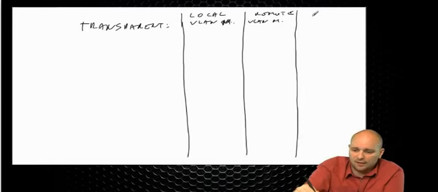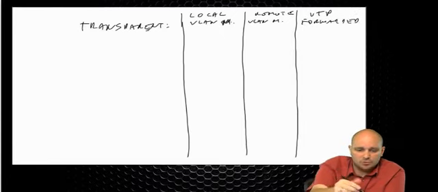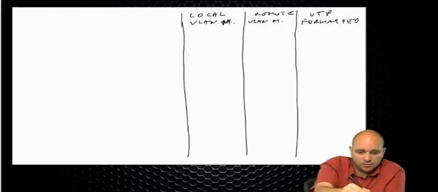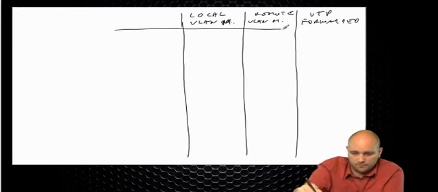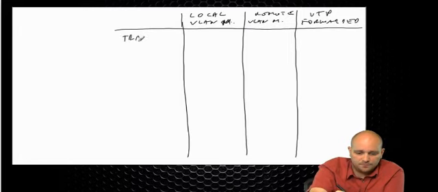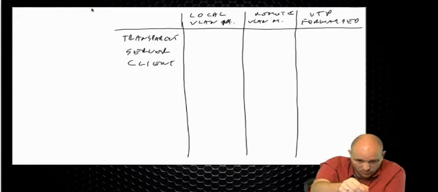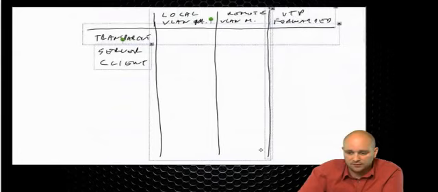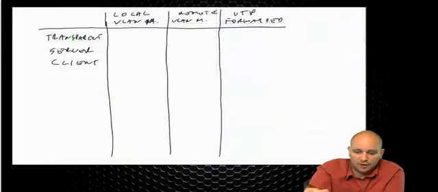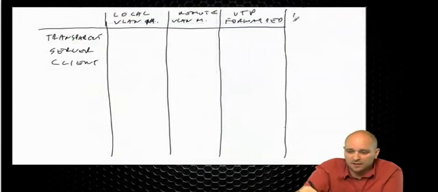And let's add VTP packets are forwarded in this mode. So let me just quickly modify this. Here, I'm going to have transparent, server, and client. And let me add one more field here. So I'm going to need some space to do that. One more field that I'm going to add here is high VLAN numbers.